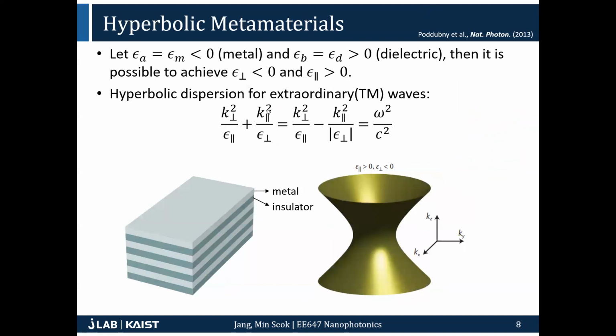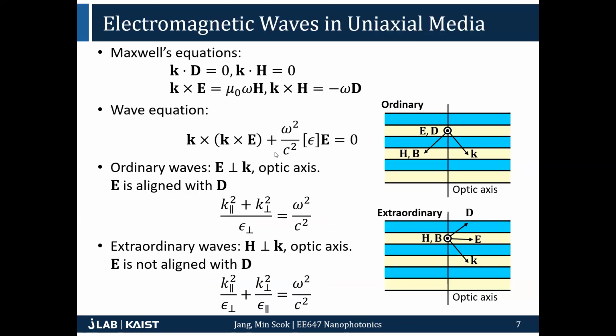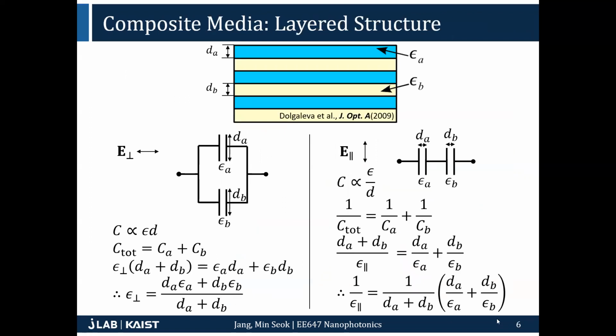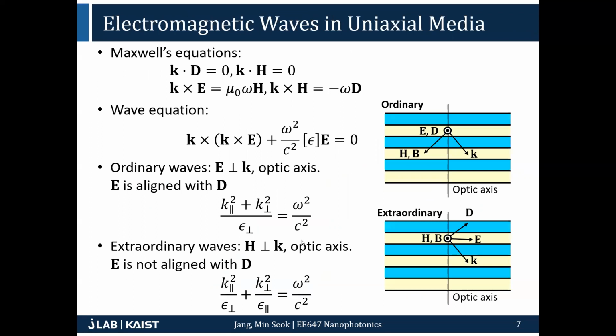By the way, you obtain positive and negative permittivities by using one material to be an insulator, which has positive epsilon, and the other material to be a metal, which has negative epsilon. So it is a positive-negative combination. And if you tune these two numbers in a gentle manner, then you can make one of these negative and the other positive. It's always possible to do that.